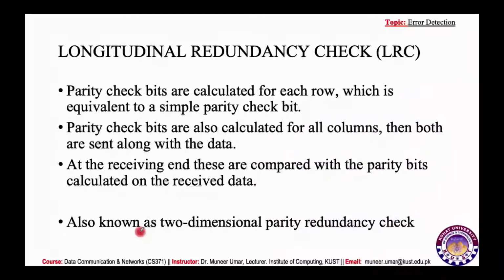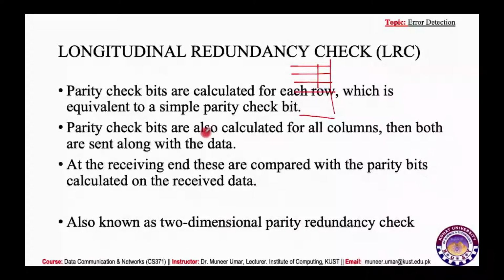Then we have longitudinal redundancy check, LRC. Parity check bits are calculated for each row, which is equivalent to a simple parity check bit. This is actually a two-dimensional parity redundancy check, and in this check we take multiple bytes and calculate their parities.